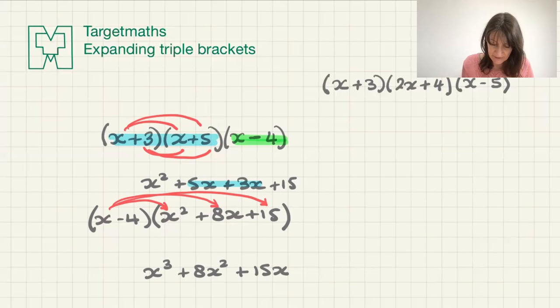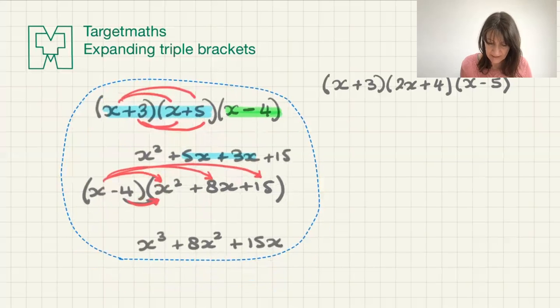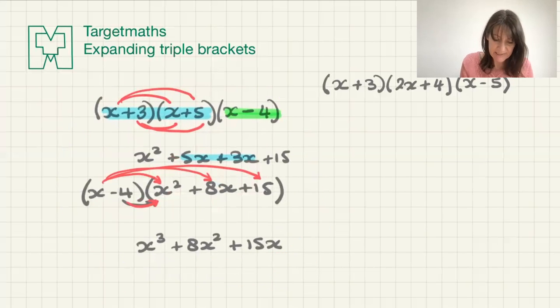Now it's the turn of the negative 4. So should we do it so we can see all the arrows? There we go. Minus 4 times x squared is minus 4x squared. Now I'm just going to move it all up a little bit because I want to write this in a particular position.